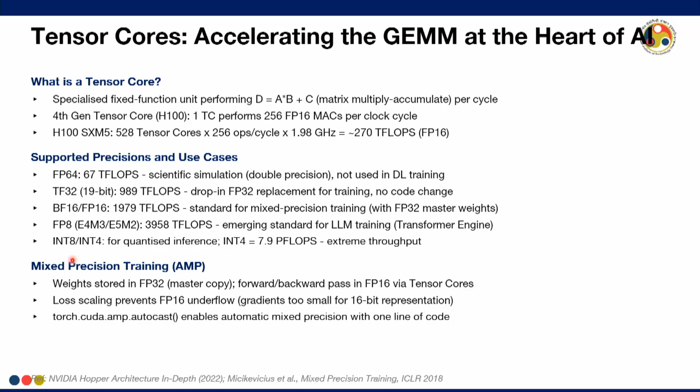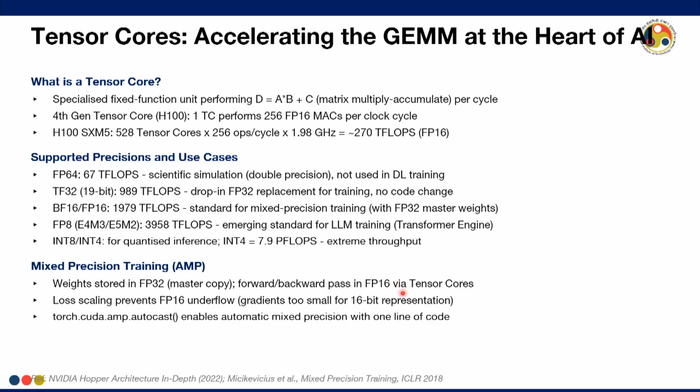So what exactly should we use and where should we use it? We have given some idea, but we can also let the machine decide. Essentially we can use the AMP library in CUDA, which is mixed precision training, where weights are stored in FP32, the master copy, without changing the data type, single precision.